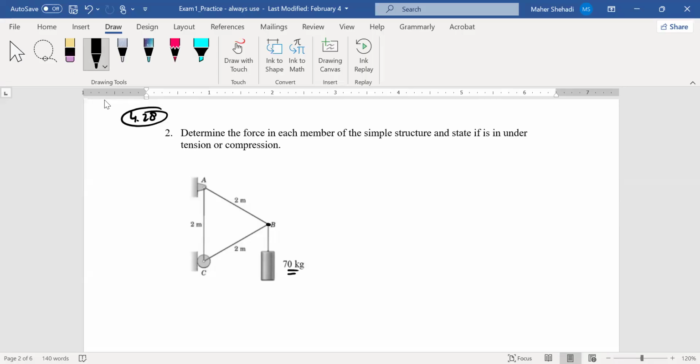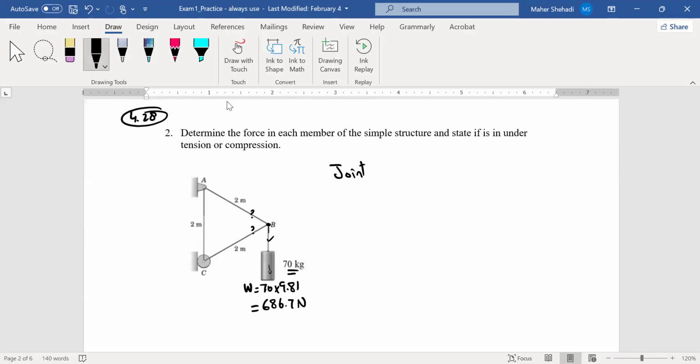So whatever that force is, 70 times 9.81, that would give me almost 686.7 newtons. So that means that's the weight, that's the tension down here. So that's known. And then I have one, two, so two unknowns. So I'm going to start with joint B. Again, that's the only option that we have here.